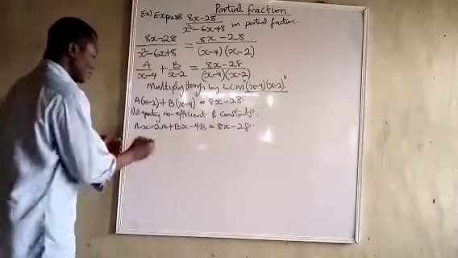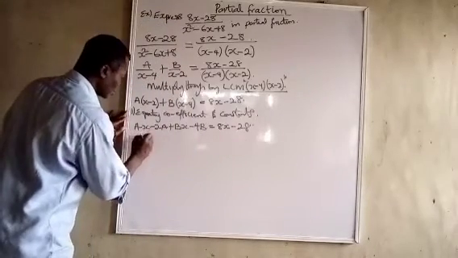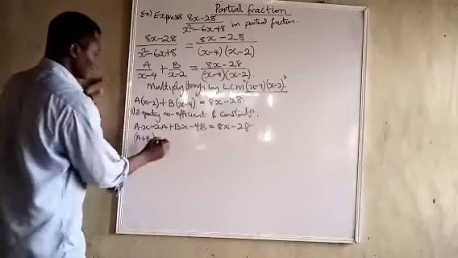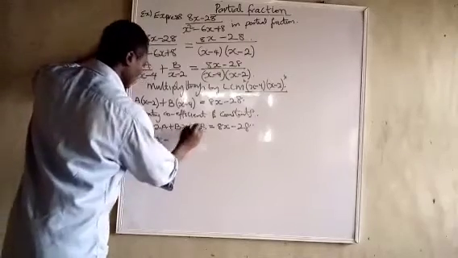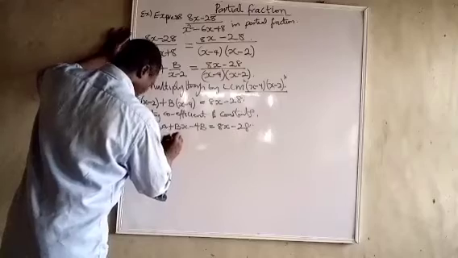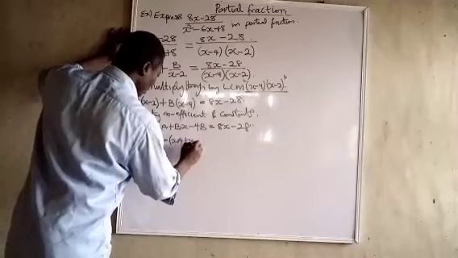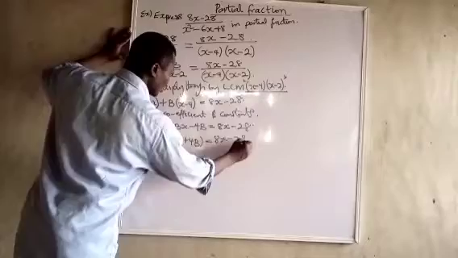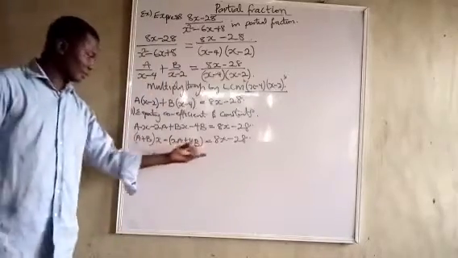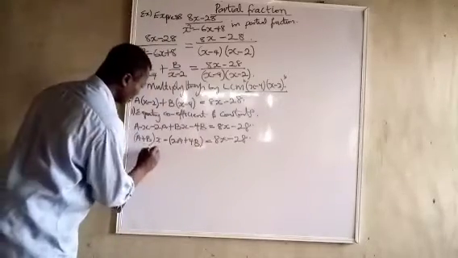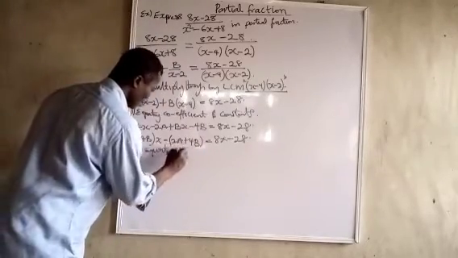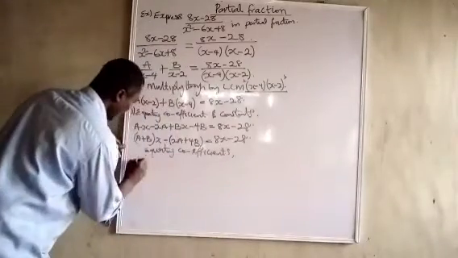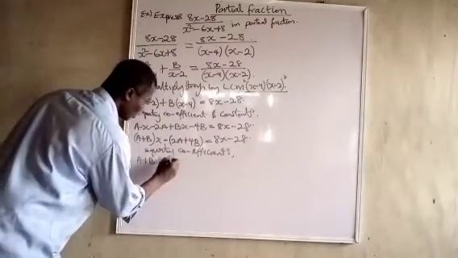If you look at this very well, you are going to have a plus b into x minus 2a plus 4b is equal to 8x minus 28. Now, equating coefficients, a plus b is equal to 8.